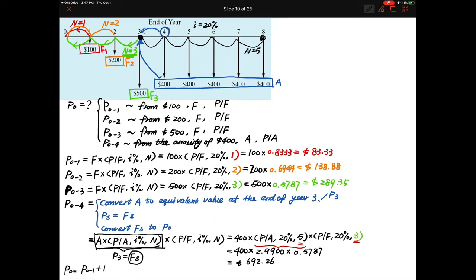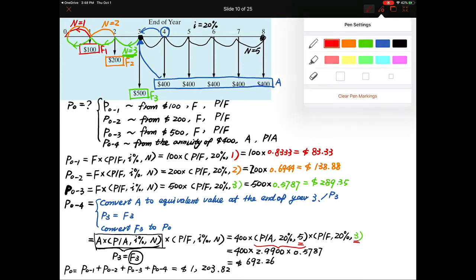Now you have the 4 parts of P0. Just sum them up. So P0 is the first part plus second part plus third part plus fourth part, and the final result is 1203.82.